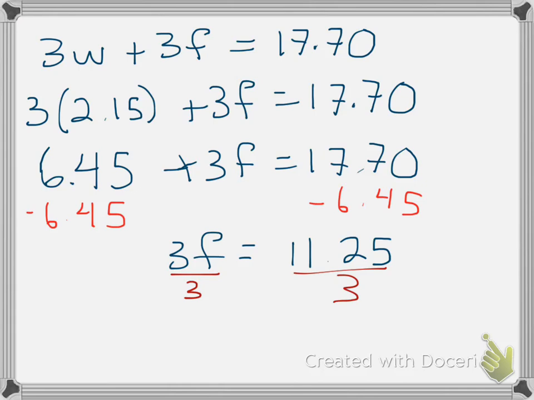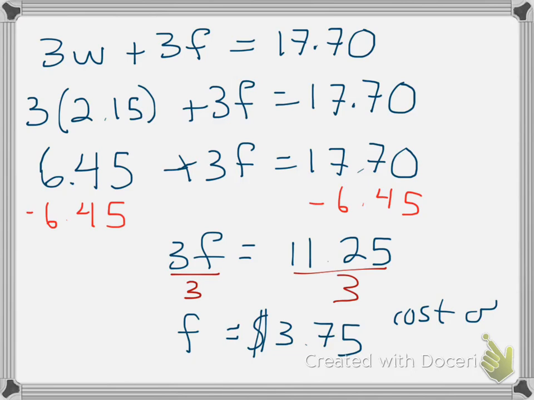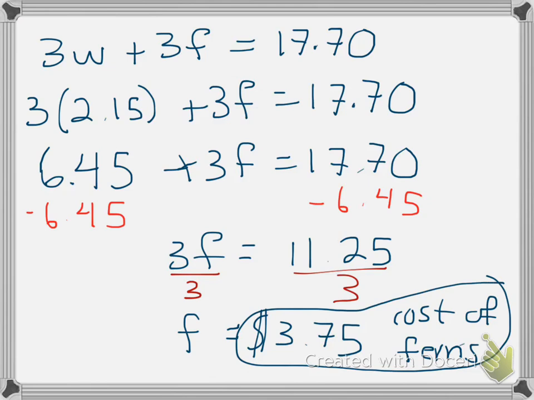When you divide both sides by 3, you will get F equals $3.75. And again, this was the cost of the Ferris wheel because that's what F is. So we've got two different answers because this question was asking for two different unknowns.